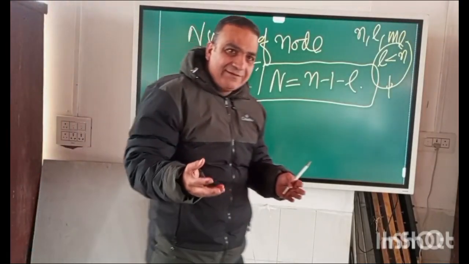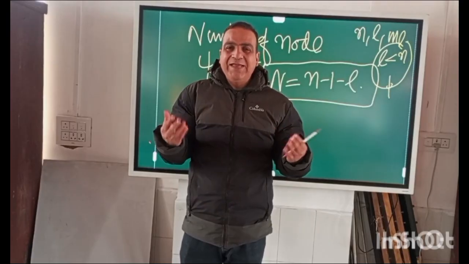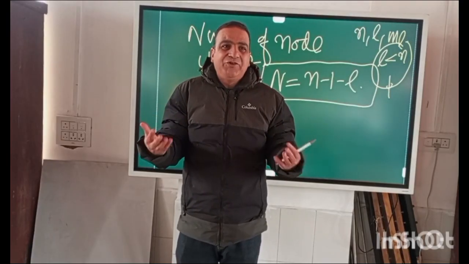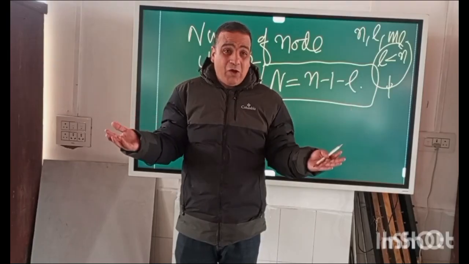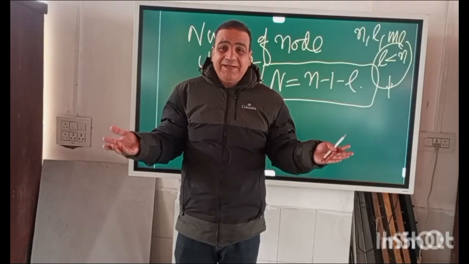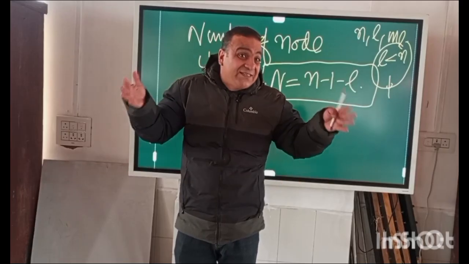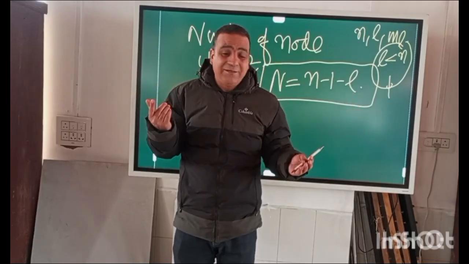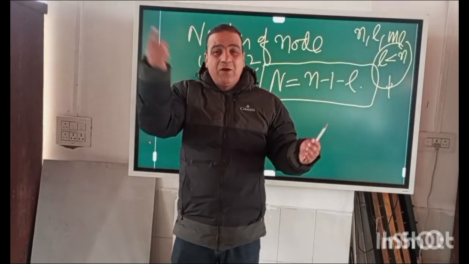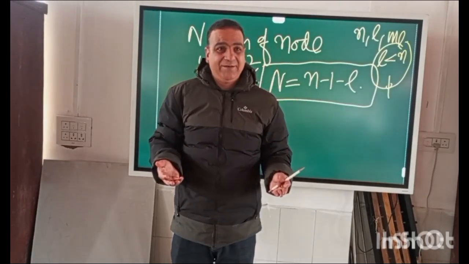Now what is n? Principal quantum number. So n is giving us the measure of the total energy of an electron. And what can the total energy of an electron be thought of in an ideal case? It is the sum of kinetic energy and potential energy, right? And talking about orbital angular momentum, it has only kinetic energy associated with it, right?